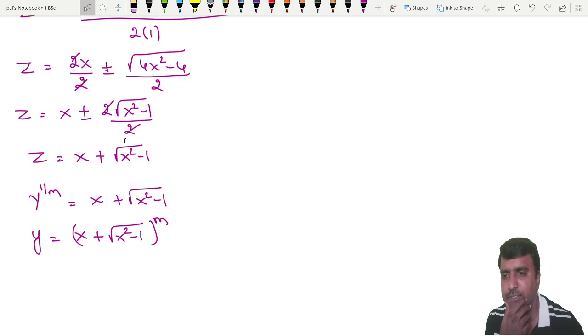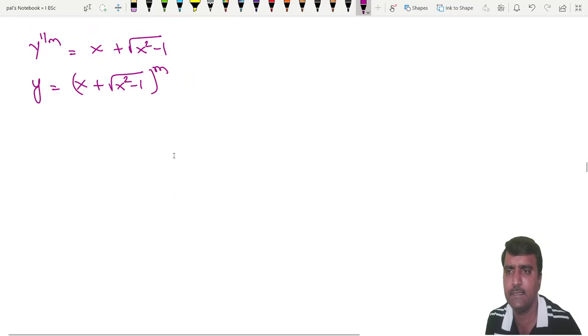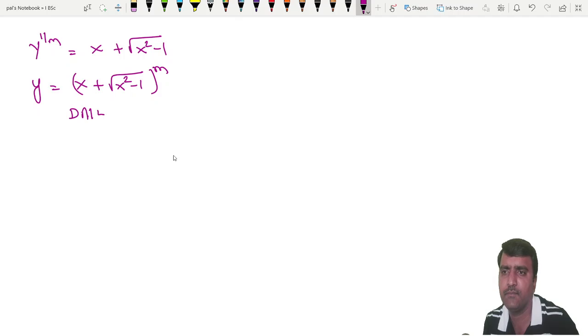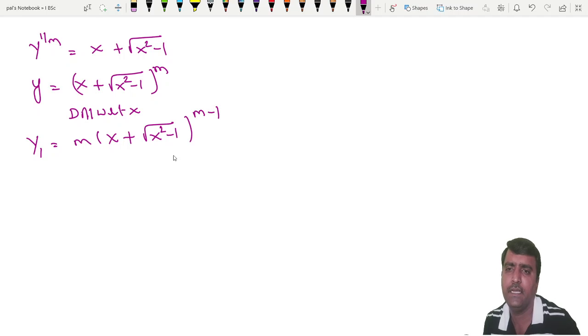Okay. Now you start differentiating this. Differentiate this with respect to x. Differentiation of y is y1 is equal to m into x plus root of x square minus 1 to the power m minus 1. Again, this is the differentiation of its power.